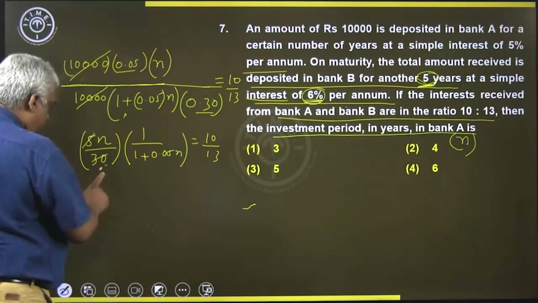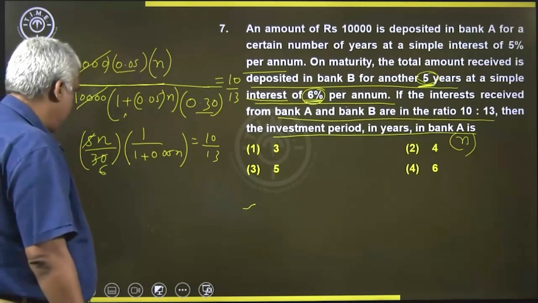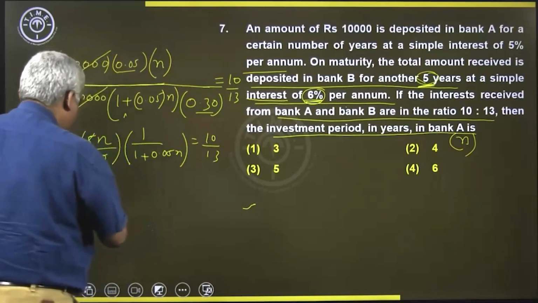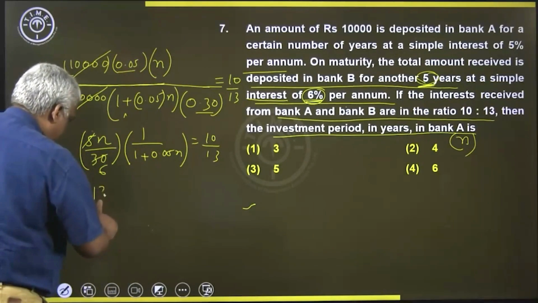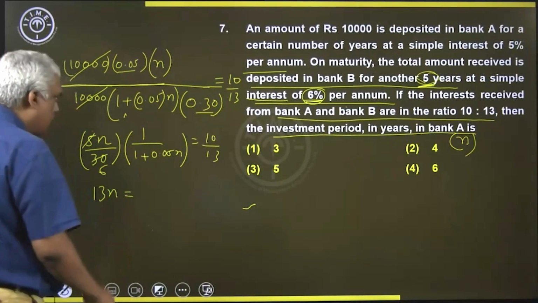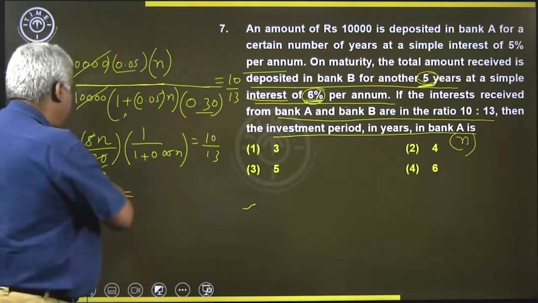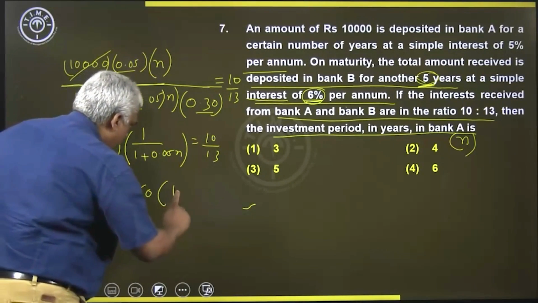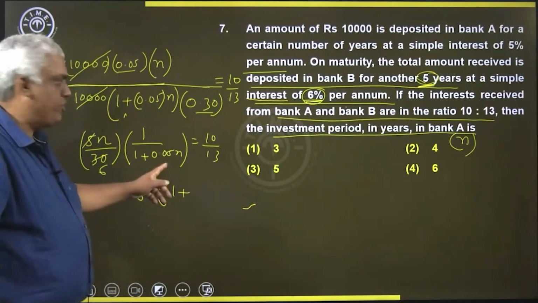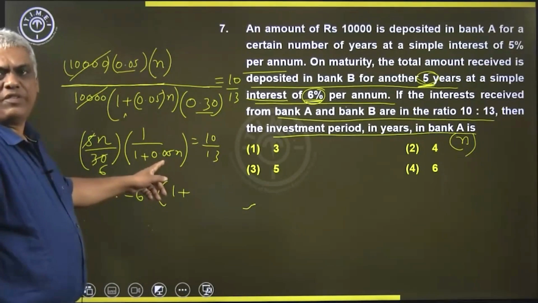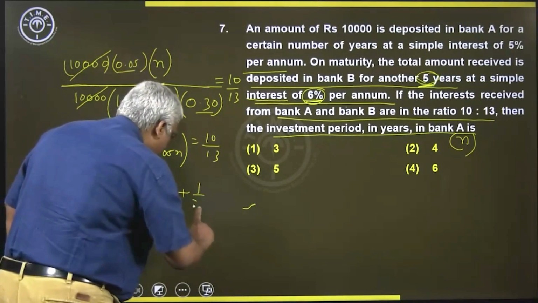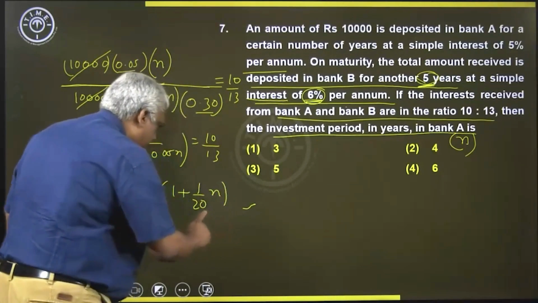5 by 30 is 1 by 6. So I'll cross multiply. 13n equals 60 into 1 plus 0.05n. 0.05 is 5 by 100, so that is 1 by 20, so 1 by 20 n.